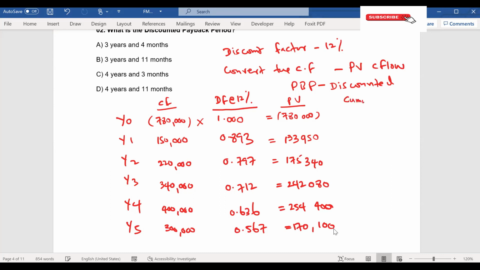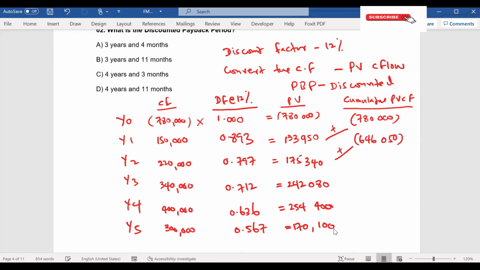Now, after calculating the present value, you need to take the cumulative present value cash flow. That will be 780,000 outflow, then 780 minus the year 1 cash flow 133,950, so it will be 646,050 negative.